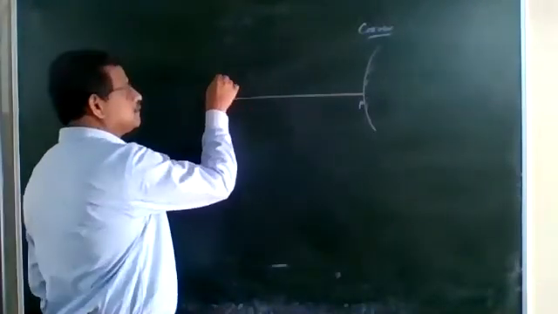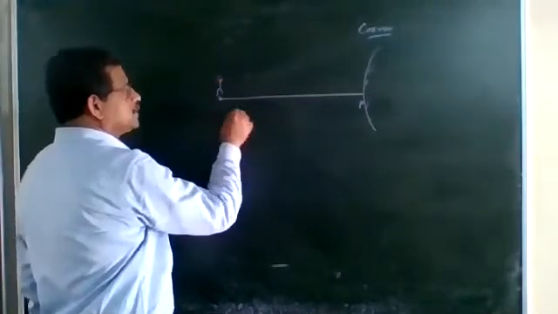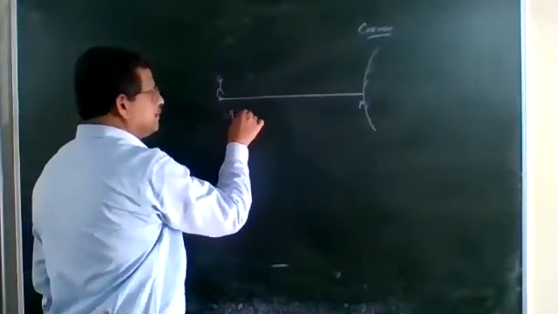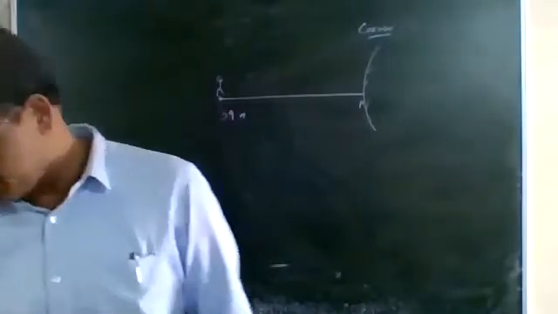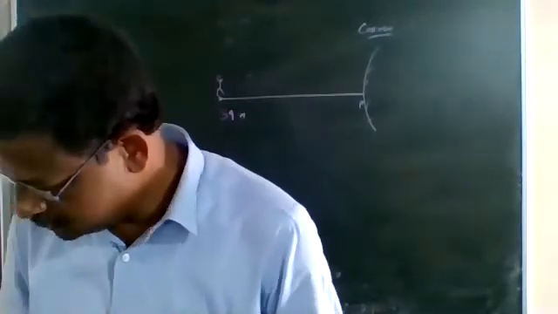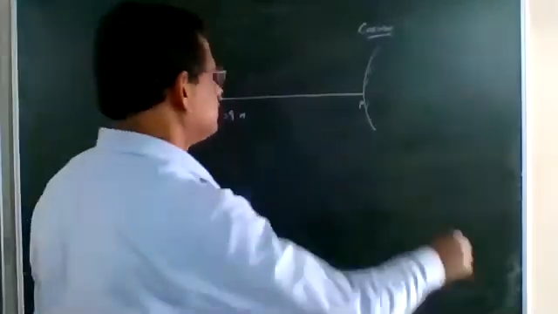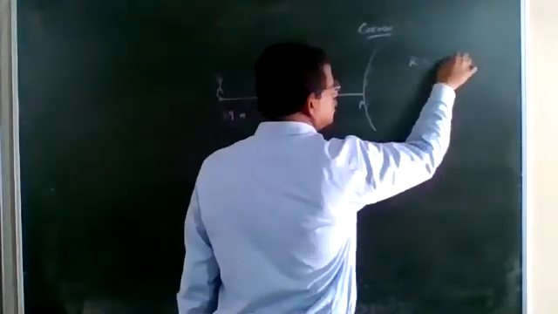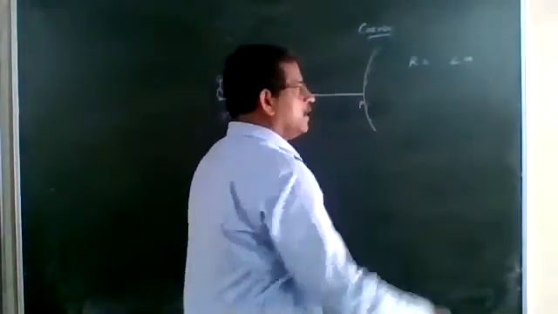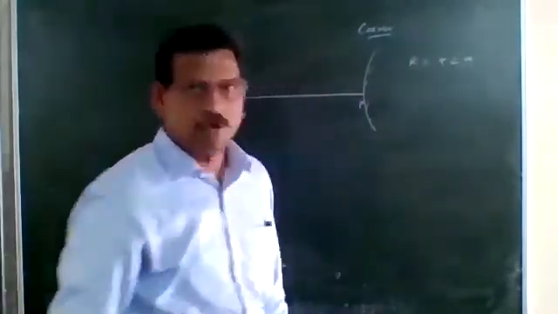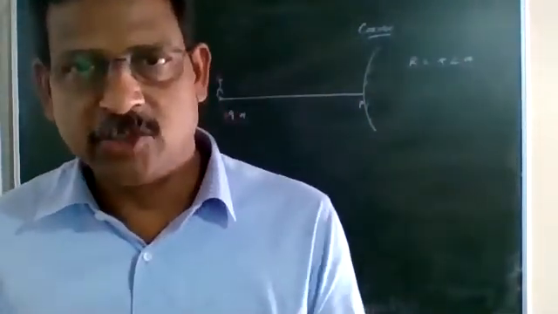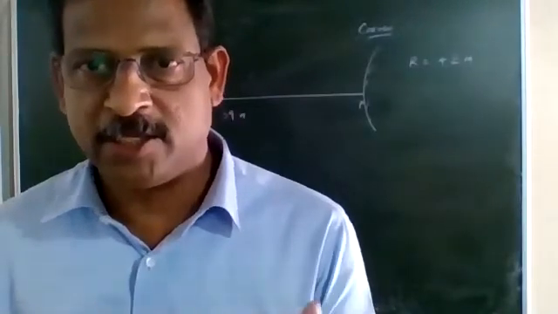The radius of curvature of the mirror is 2 meters, R equal to 2 meters. For a convex mirror, the radius of curvature is positive and the focal length is also positive.